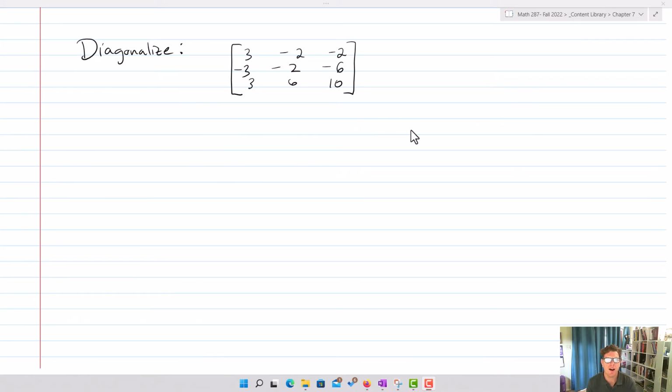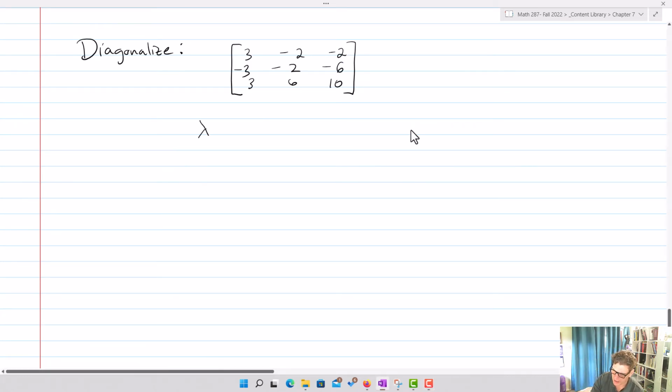All right, so now let's diagonalize 3, -2, -2, -3, -2, -6, 3, 6, and 10. We throw it into the calculator so that we can figure all this out, and we get lambda 1 equals 4.